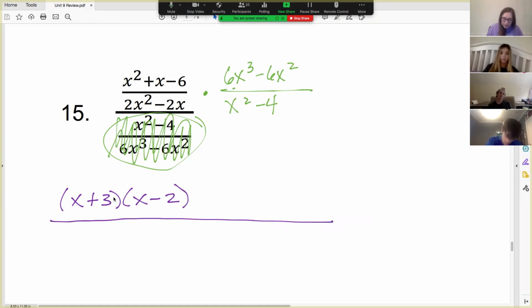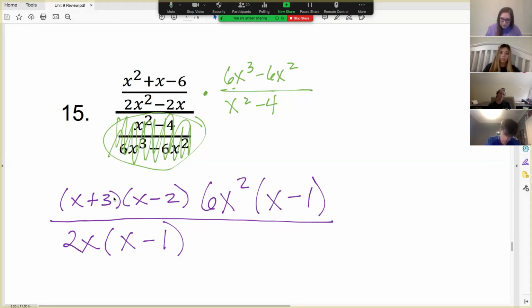The bottom left, you could take out a 2x, and you would be left with x minus 1. On the top right, you could take out a 6x squared, and you'd be left with x minus 1. And then on the bottom right, you could factor that to be x plus 2, x minus 2.